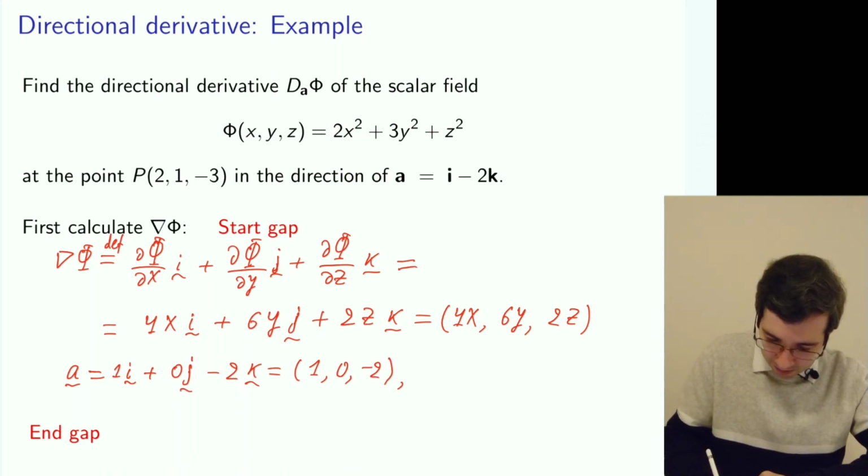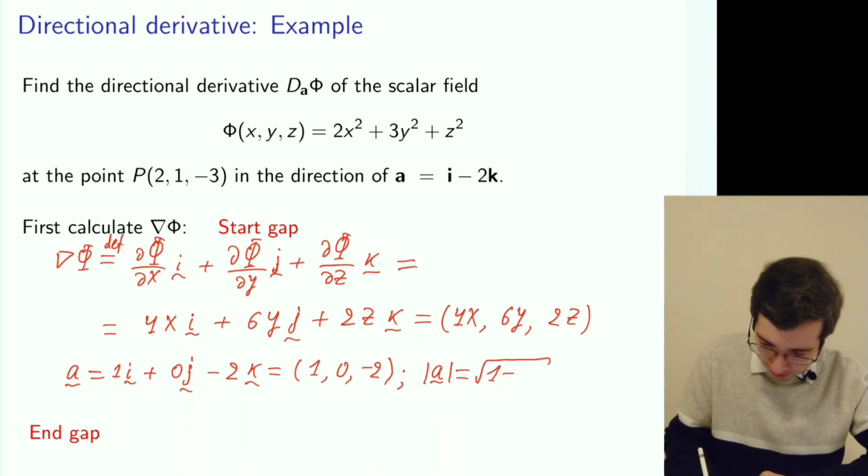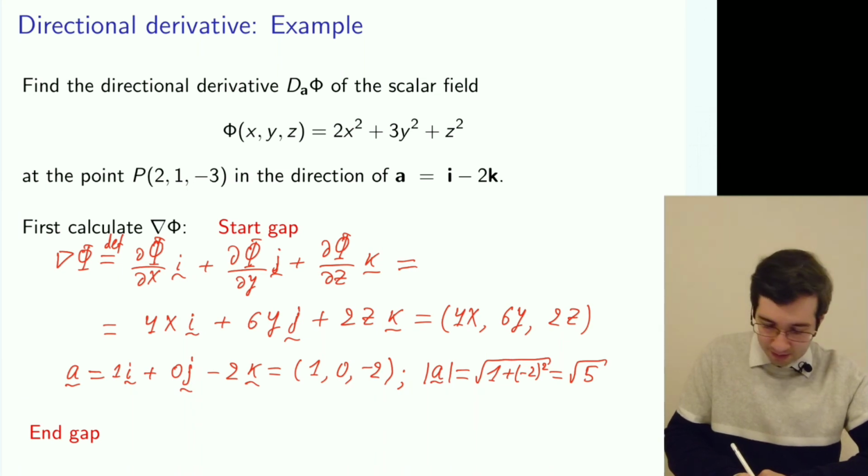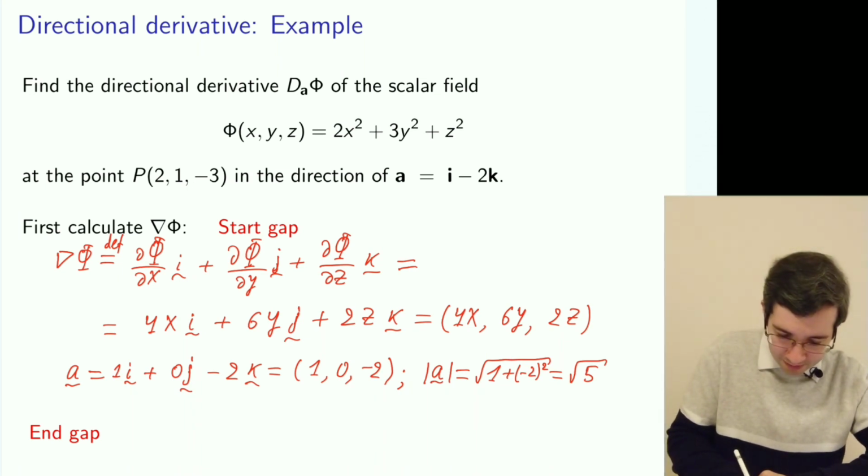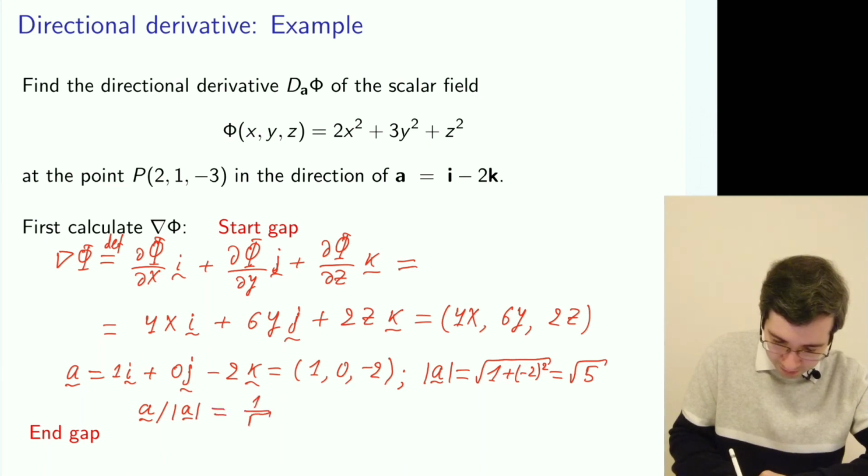The magnitude of that vector will be 1 plus minus 2 squared, taking the square root, is square root of 5. So that will give us a unit vector: a divided by that magnitude will be 1 over square root of 5 times that vector.